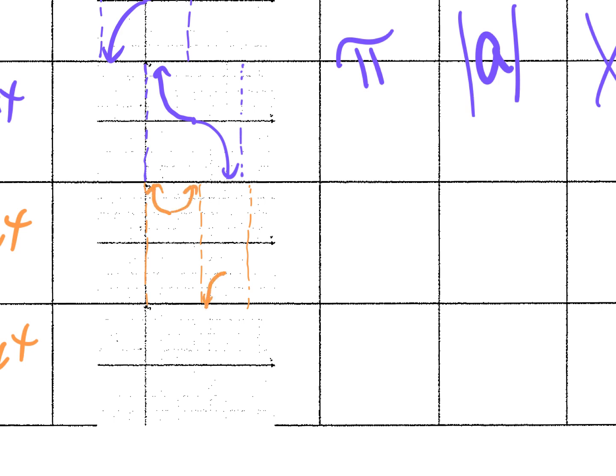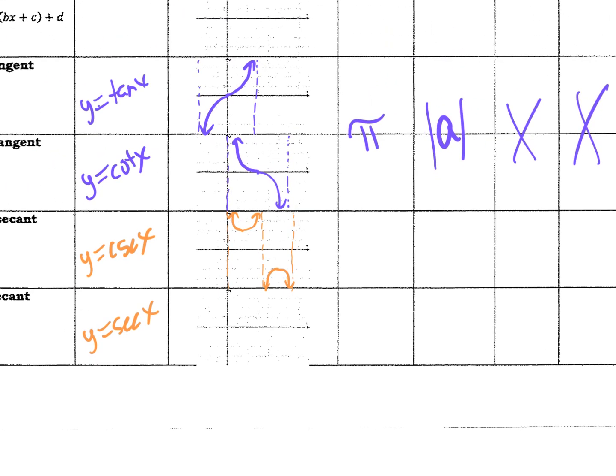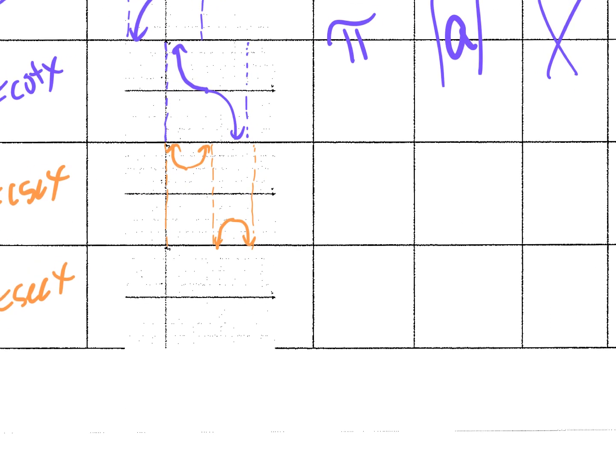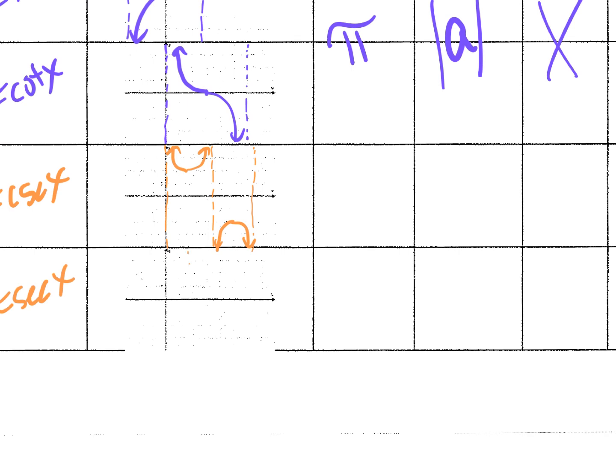But ultimately, that's a rough sketch of what our cosecant graph looks like. Our secant, remember, our asymptotes are in different places. And they go up first, and then down, and then like that. And those are the ones that if you want to add the extra little part to the graph, you can.